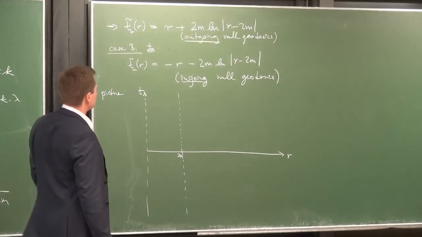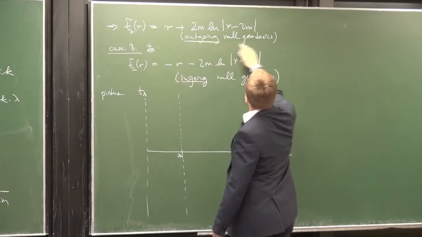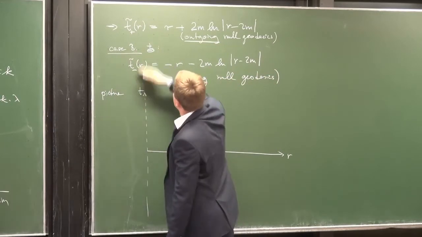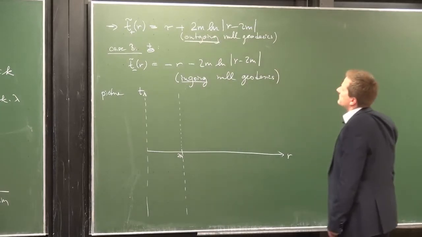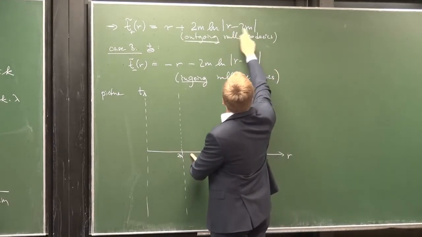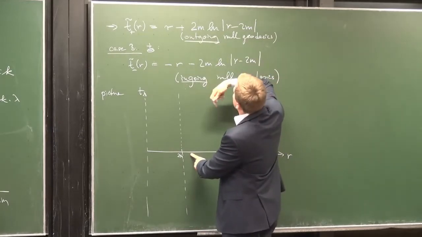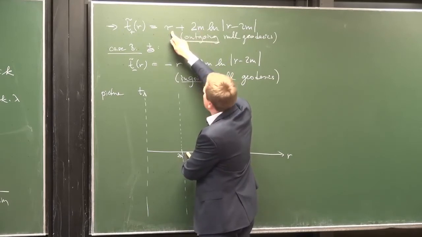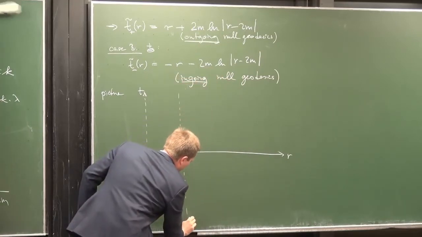Let's look first at the outgoing ones. This t here is this function of r. So what happens if I come from the right and I approach 2m? The ln goes to minus infinity, right? Then to minus infinity I add r. I'm not very impressed, but the point is these outgoing null geodesics are like this.